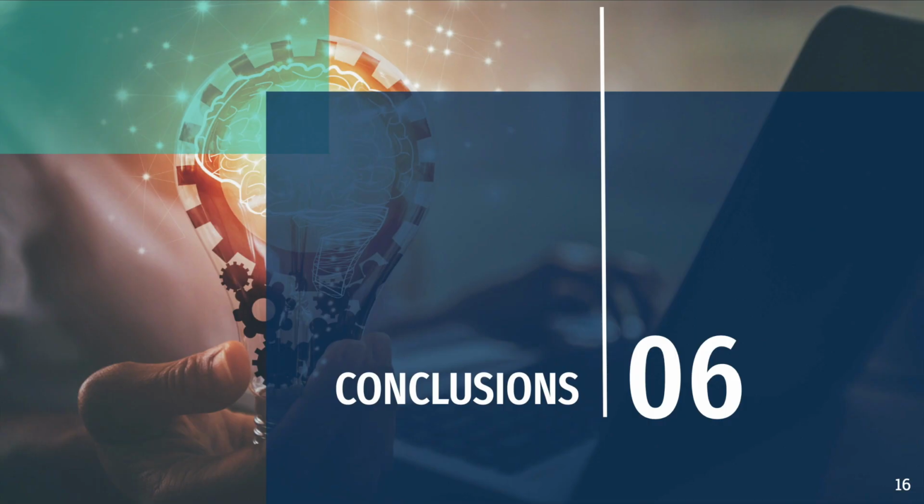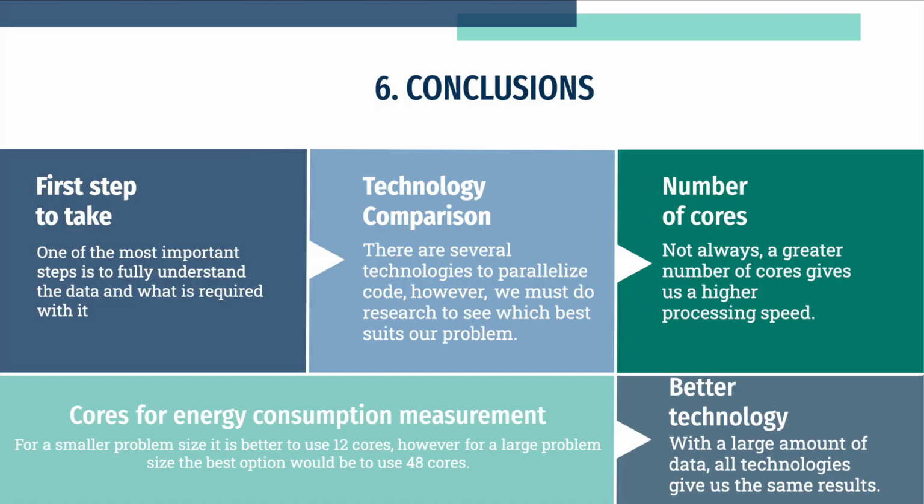In the conclusions, we know that the first step to take for this project is to know the data very well. After that, we need to know the technology we need to use, the parallelization methods. And we know that the number of cores does not always translate to higher processing speed.